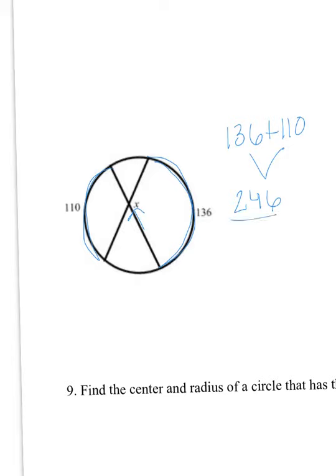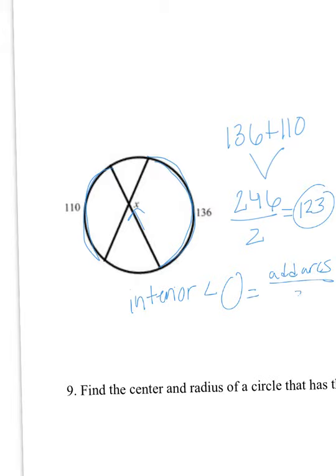And then to get x, I just divide by 2, and I end up getting 123. So that kind of formula would be for an interior angle in a circle: you would add the arcs and then divide them by 2.